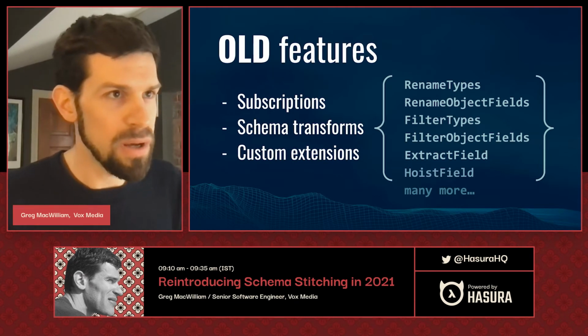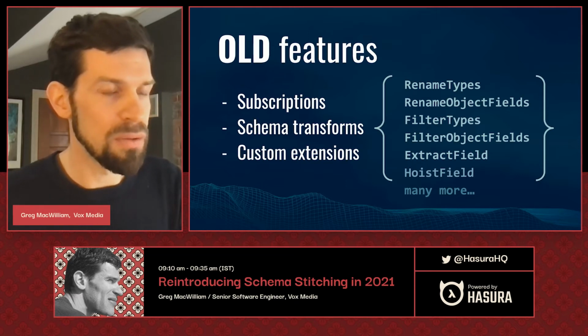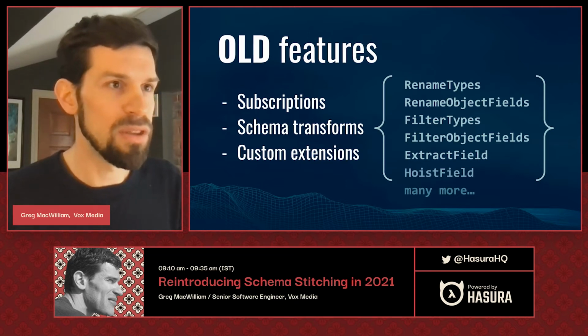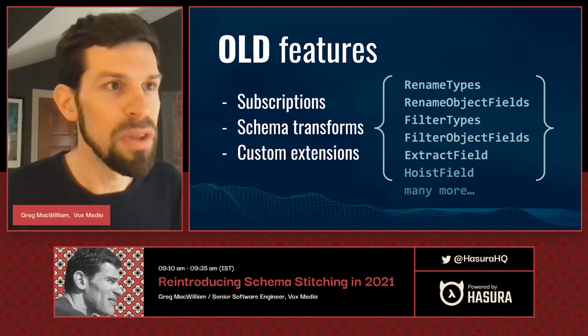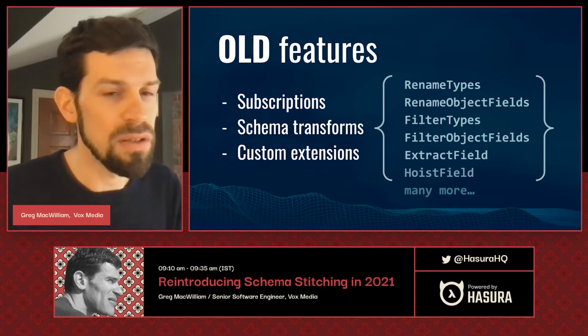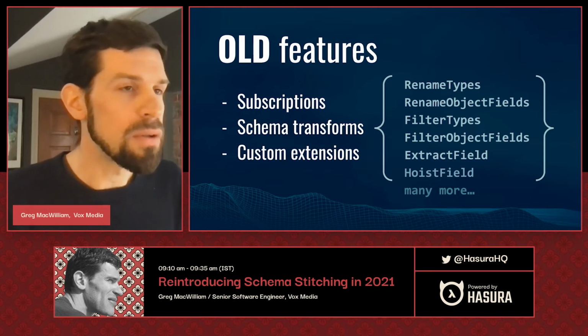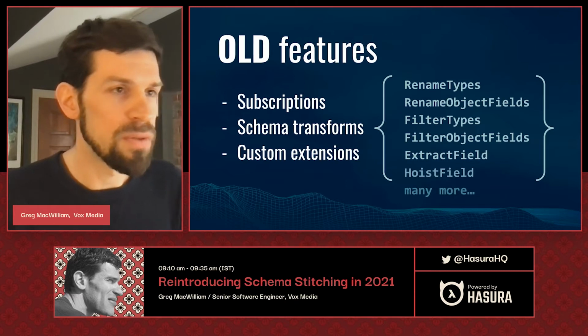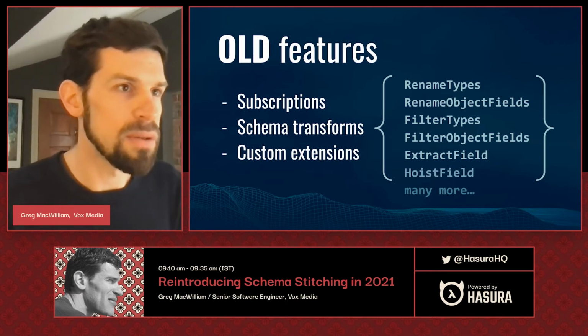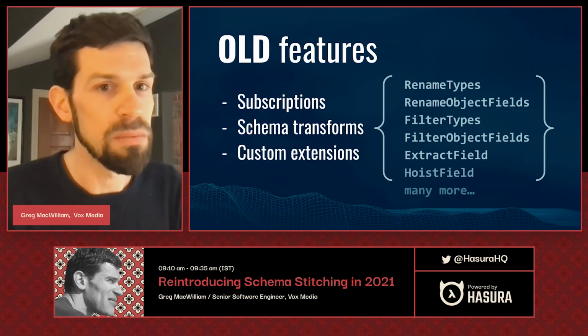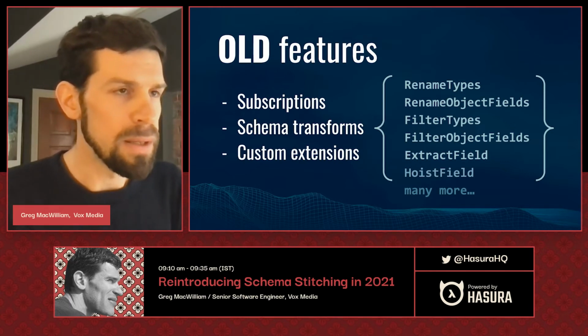All these things are possible to set up your little subschemas, groom them into the shape that you want, and then plug them into your larger stitched service architecture. And then also custom extensions, just for writing a custom accessor that goes to a remote service someplace. So all this has always been there.